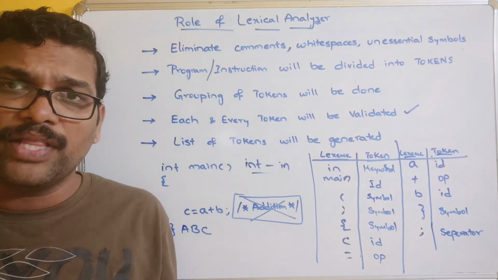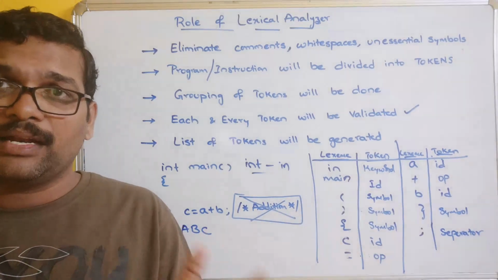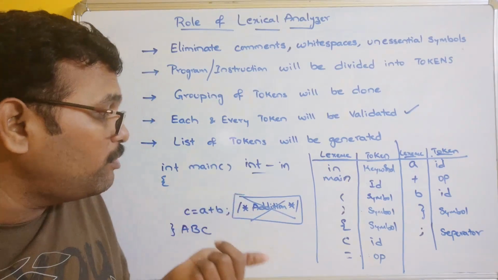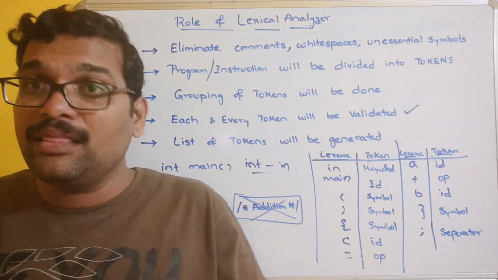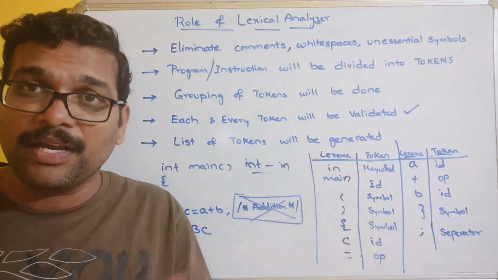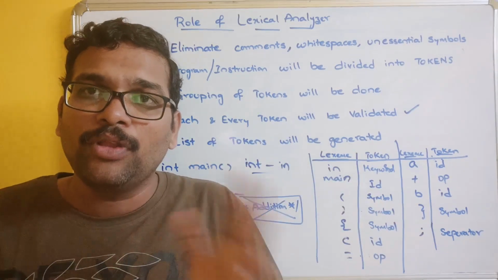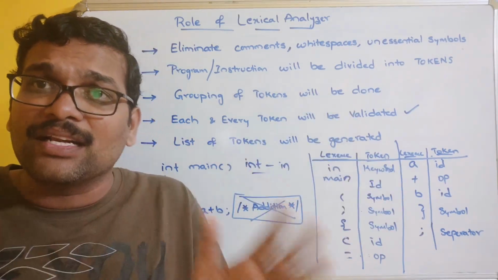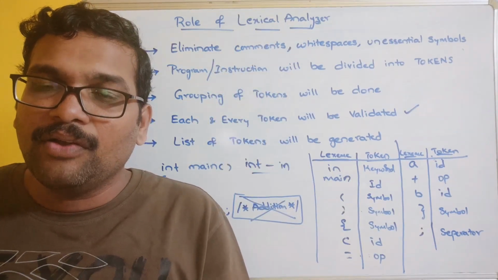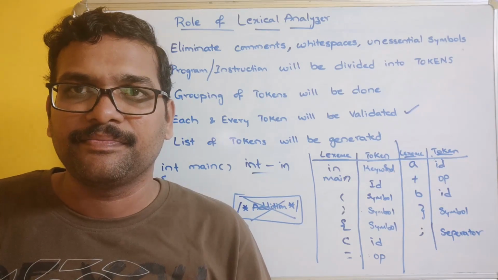For example, in C, the maximum length of the identifier should be not more than 32 characters. So when you give any identifier with a length beyond 32, definitely it will raise an error, and that doesn't happen in Python. So that depends upon the language. All these kinds of errors will also be displayed during the lexical analyzer. We usually call them compilation errors or syntax errors.